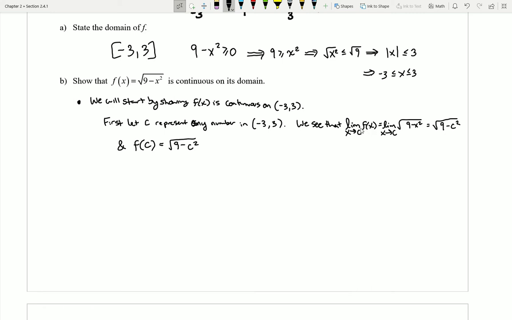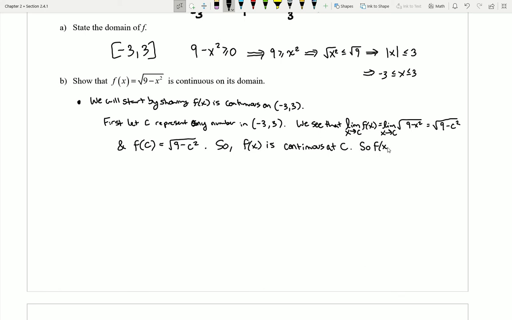So notice the limit turned into this value, and the y value was this value. So we can see that f of x is continuous at c. But notice c was any number in -3 to 3.